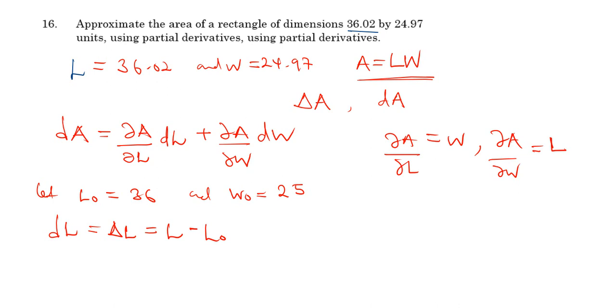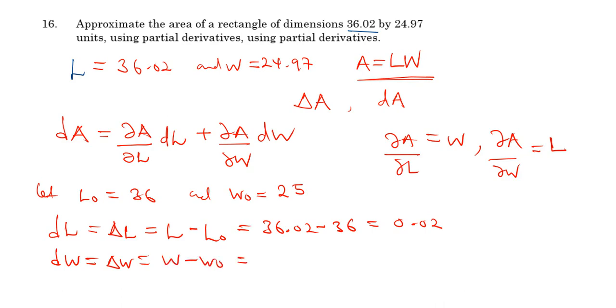So I have 36.02 minus 36, and subtracting, I get 0.02. Then dW is the change in W, which is W minus W naught.